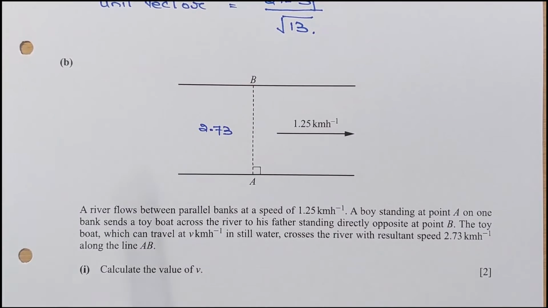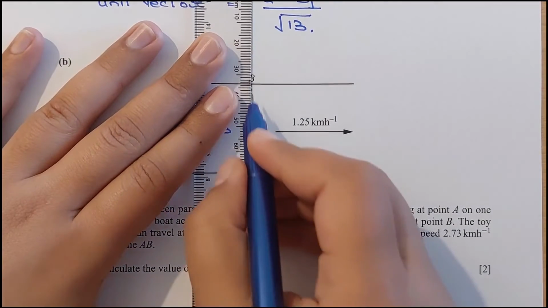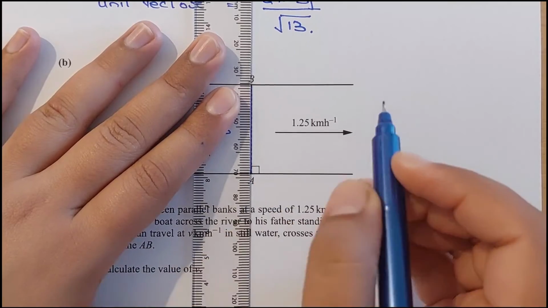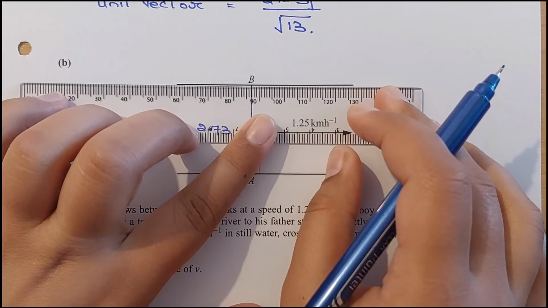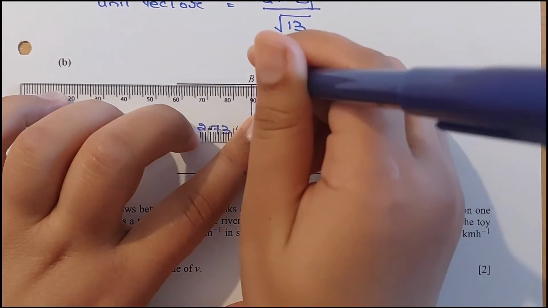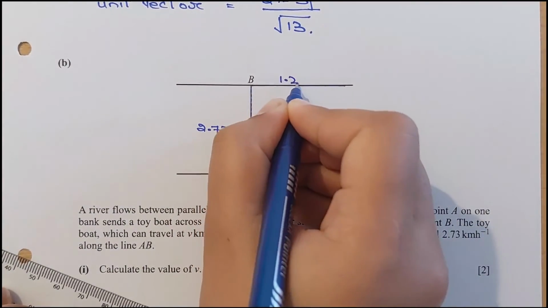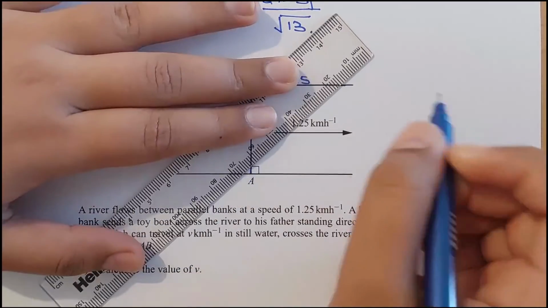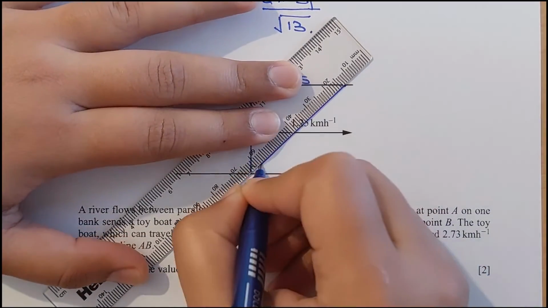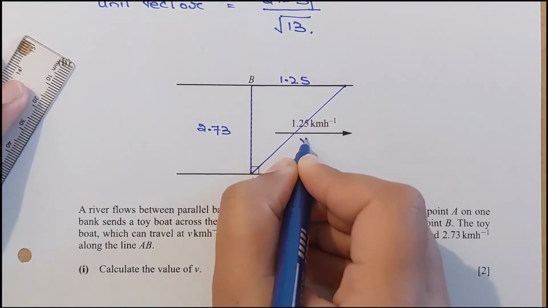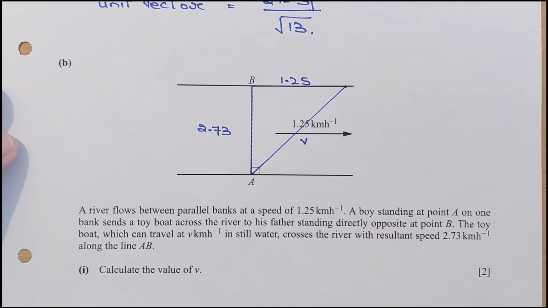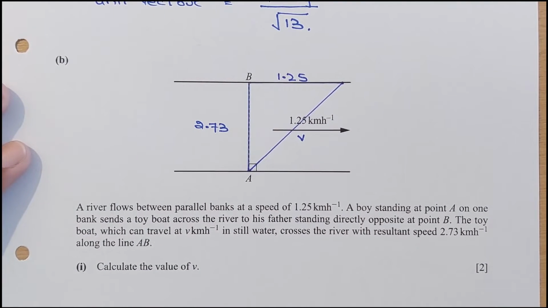Okay, so along the line AB, we have been given the speed, and we have been given the speed of the river, the water flowing in the river. This is 1.25, and this is the v. This is a right angle triangle. We can solve for the v value by using Pythagoras theorem.